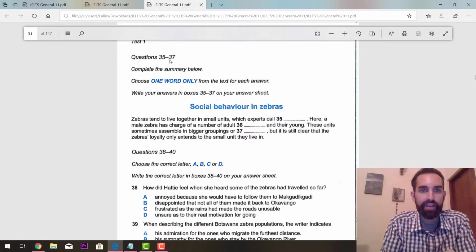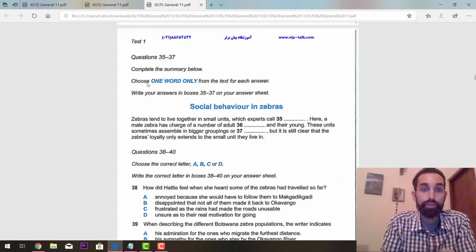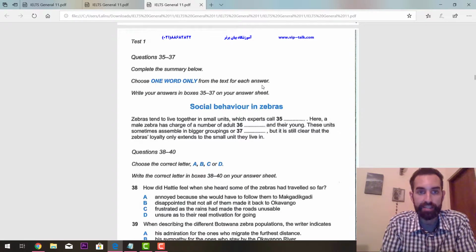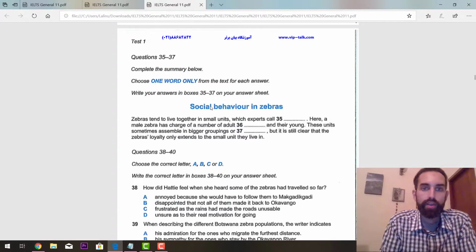Questions 35 to 37. Complete the summary below. Choose one word only from the text for each answer. Write your answers in boxes 35 to 37 on your answer sheet. Social behavior in zebras. Zebras tend to live together in small units, which experts call blank 35.